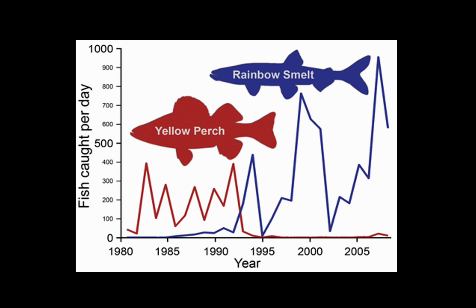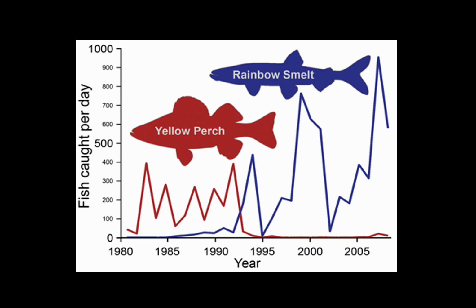It is the amount of fish caught per day throughout the years. Right. But what's the main takeaway? That is what it is, but what insights can we glean from this? The only thing I don't like is that it says fish caught per day. I guess you could zoom in if you want, but it's showing the difference between yellow perch and rainbow smelt.